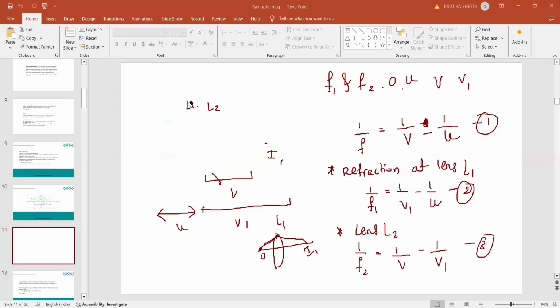I'll repeat what equations 2 and 3 are, students. We are considering two thin lenses, but we are seeing the derivation in 2 steps.